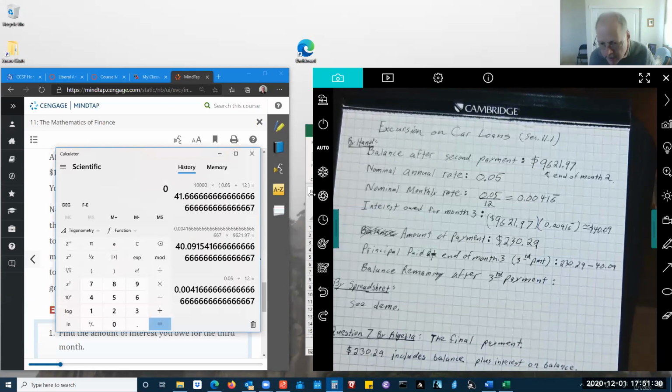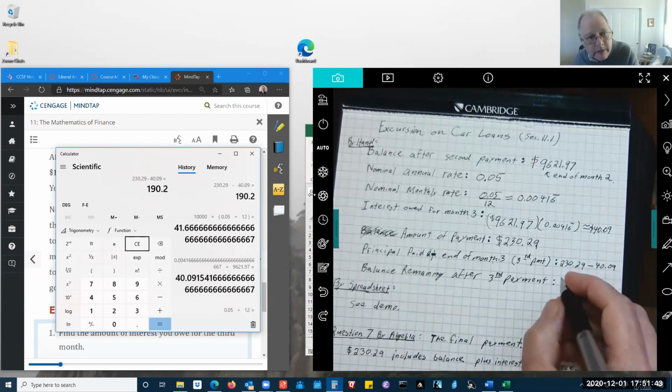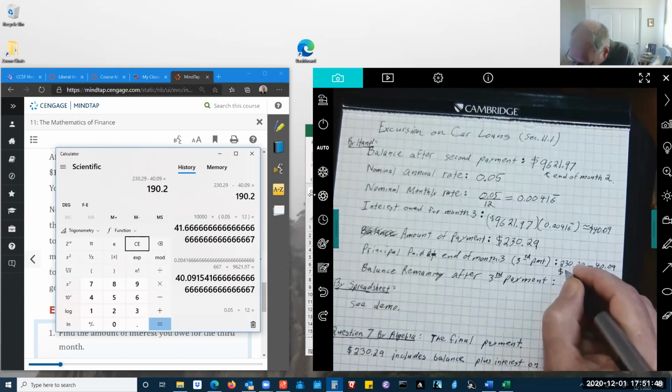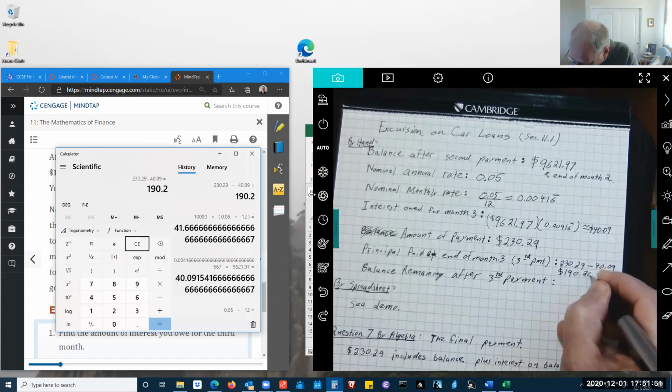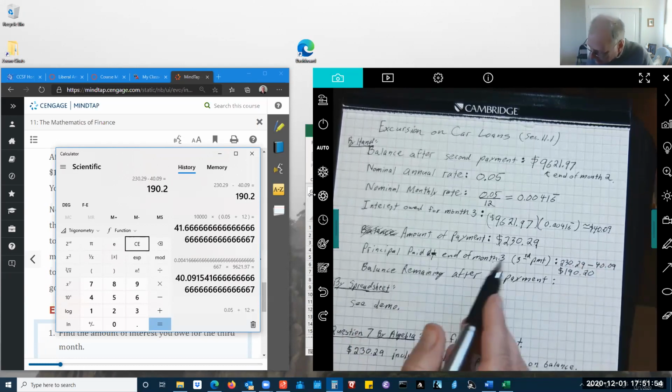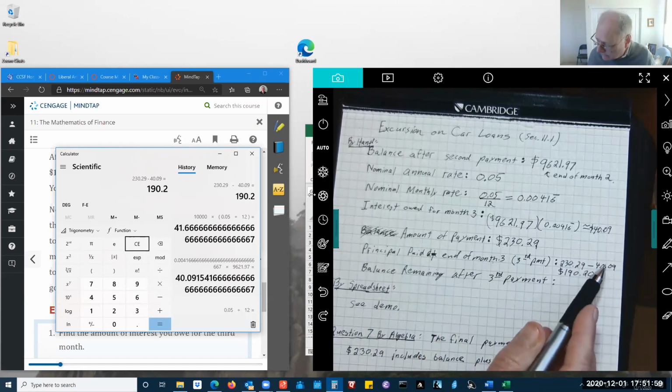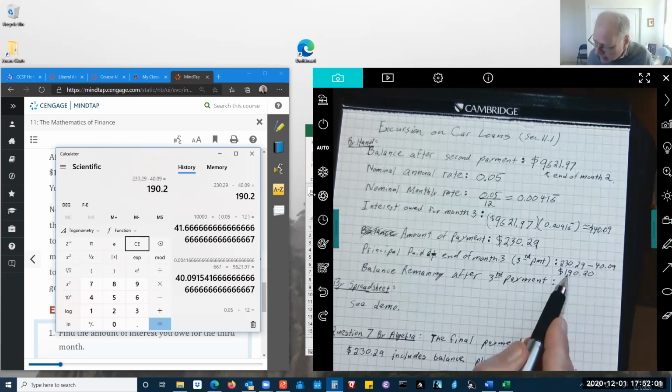So I'll do my 230.29 minus 40.09. And I get $190.20. So that's out of this $230.29 that you paid. $40.09 was for interest, and $190.20 went to reducing your balance.